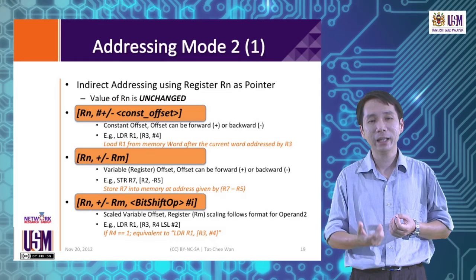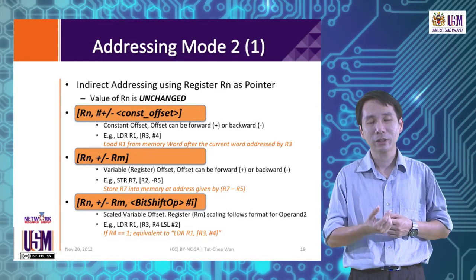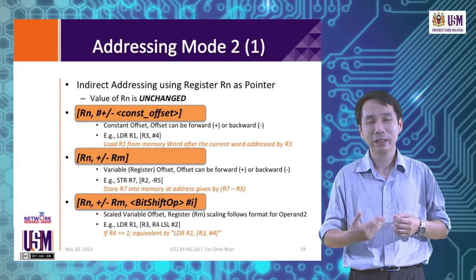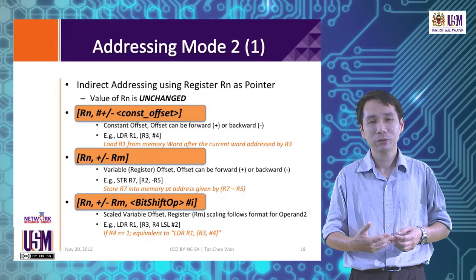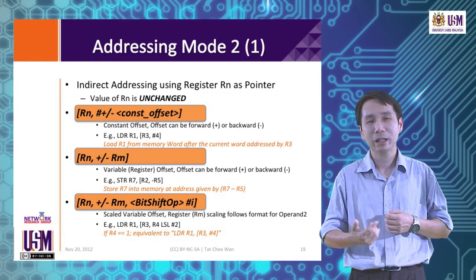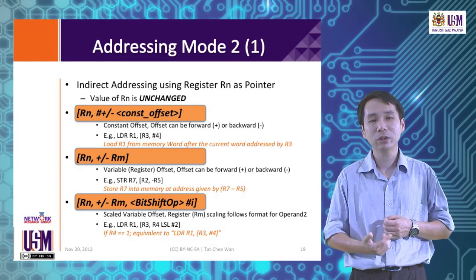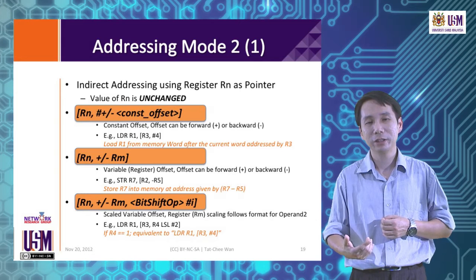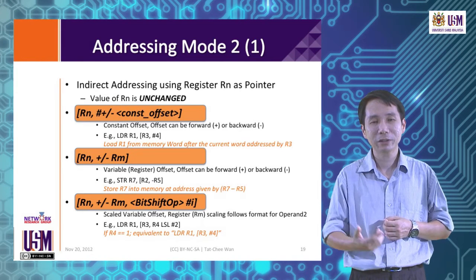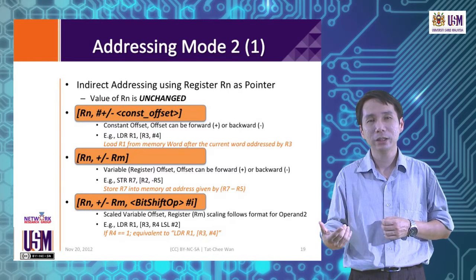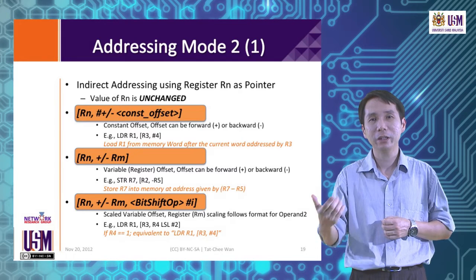This offset value will be added to the register contents of Rn before generating the address that we are accessing in memory. So one example is LDR R1, open square bracket, R3, comma, hash 4, which will load R1 from memory, the word located after the current word addressed by R3. Meaning the address that we are referencing in memory is not the address given by R3, but the word which is 4 bytes away from the current address.